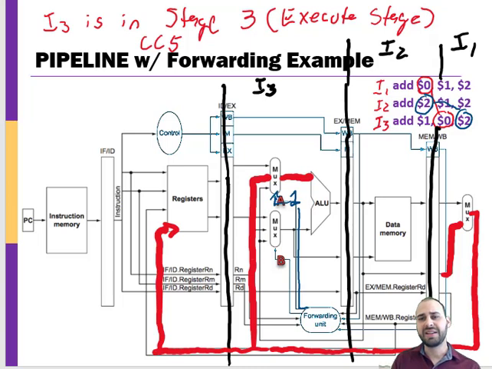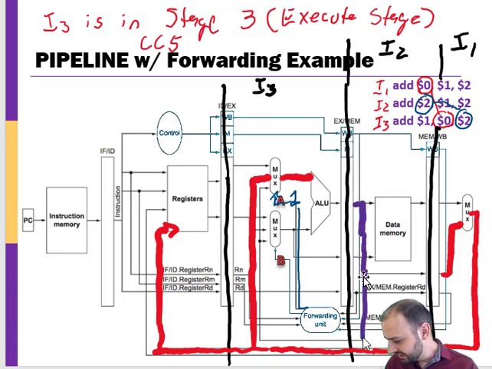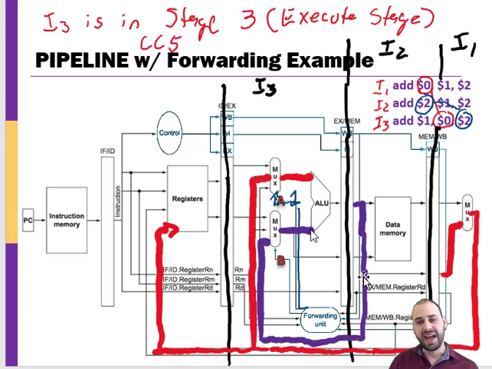If we look at the dependency with register 2, we want the one coming from instruction 2, which is currently in the mem stage, and we want that value, which is going to come up here, like that.